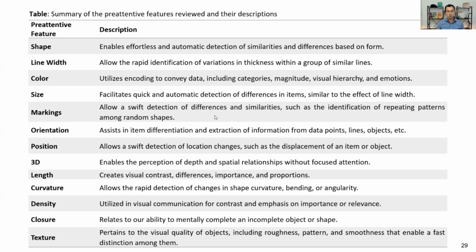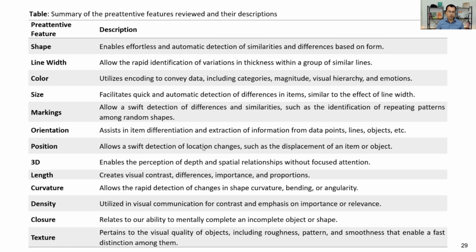The markings also allow us to differentiate such that we can clearly identify, for example, different lines, different curves for different items or objects. Orientation helps us to extract information from data points, lines, and objects.